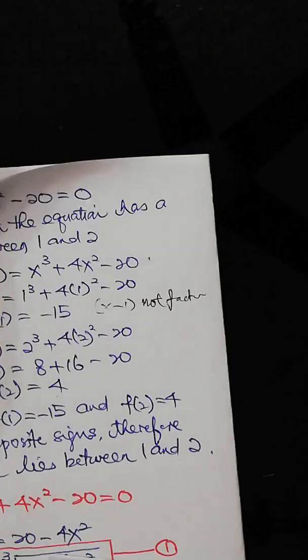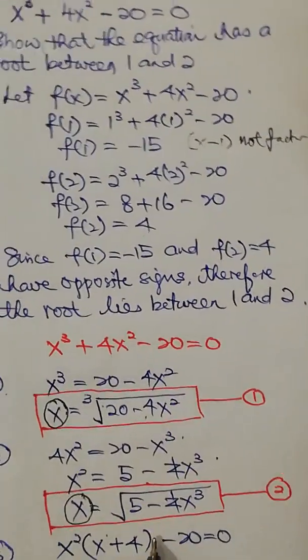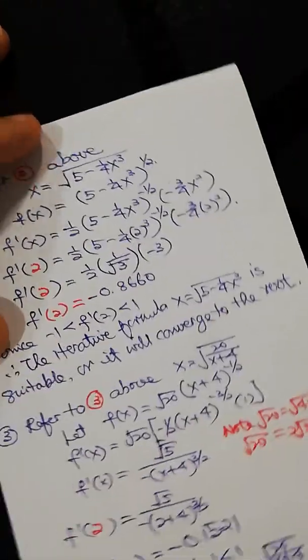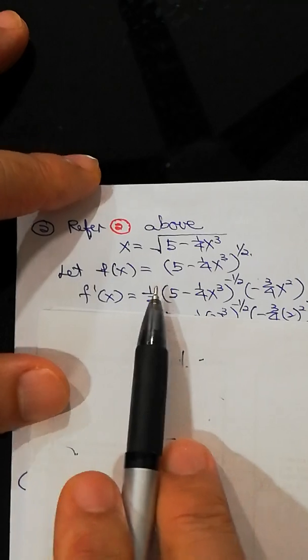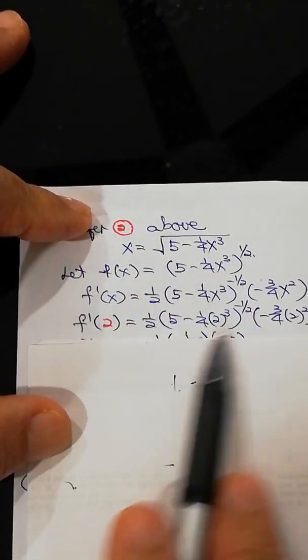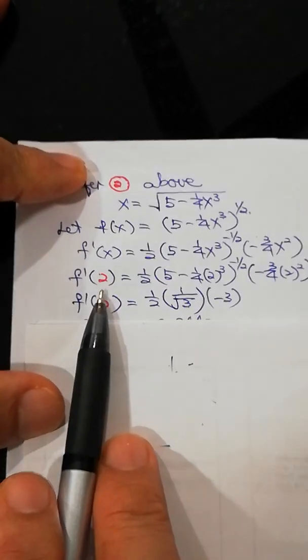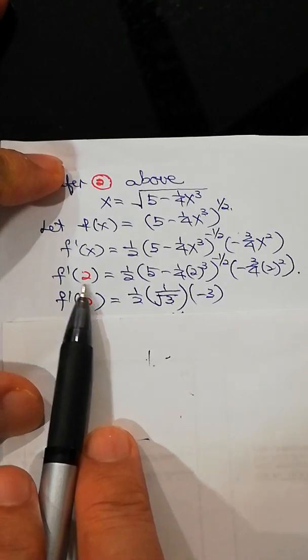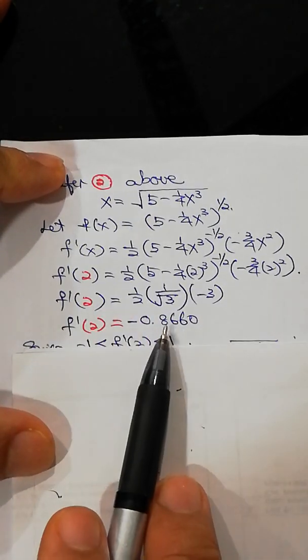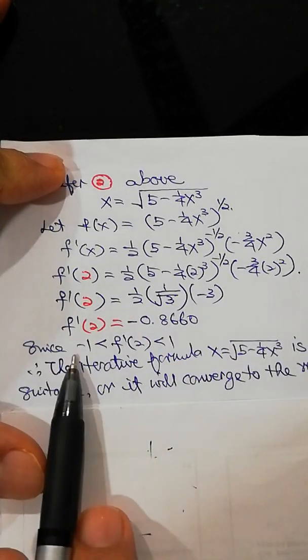Okay, and then you see the second one. Just now the second formula is this one. We see whether this one is suitable or not. We also let f(x) be this one, so we differentiate and then we substitute 2 because we know it's near to 2, as I said earlier. And you get a negative value. This one is good, so it lies between.